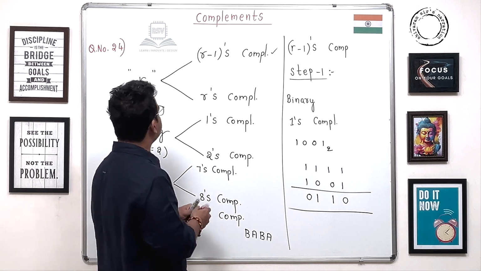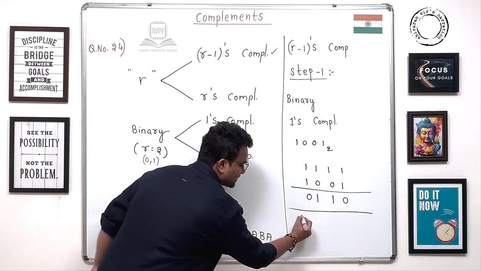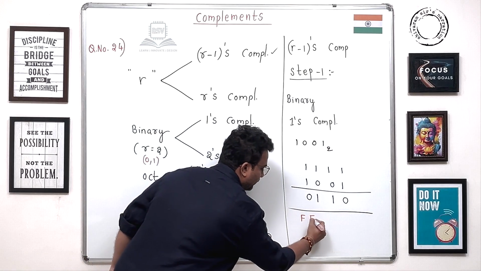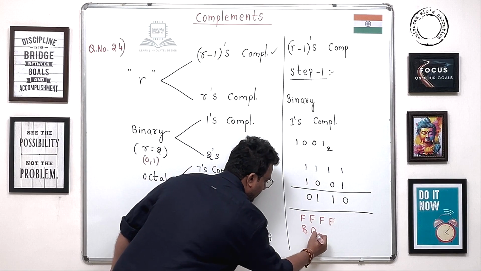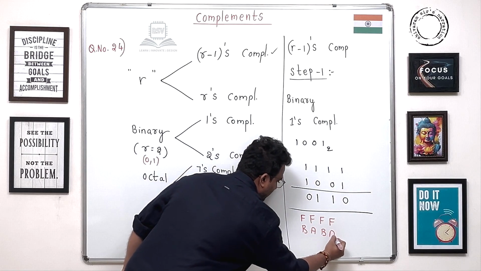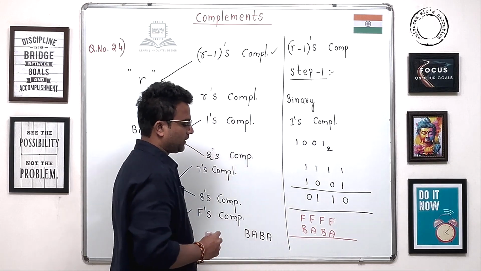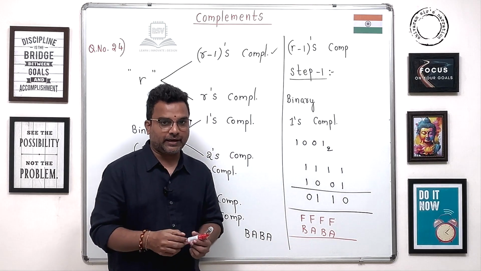So let's do this. Write down F, F, and BA. Here F is 15, A is 10.